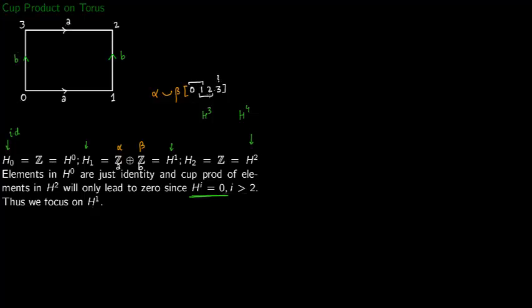So this 3 is hanging out, and if you write it like this, this is in C3, but what we want is C2, because alpha is in C1, beta is in C1. You cup them, you should land in C2, but you can't have 0, 1, 2, 3. So we need to rectify this, and that is very simple.